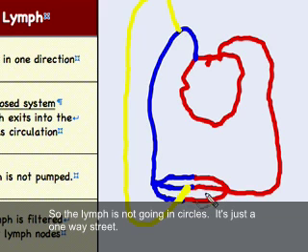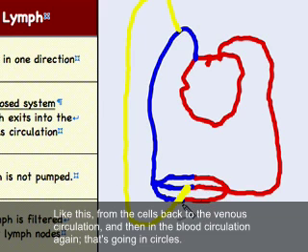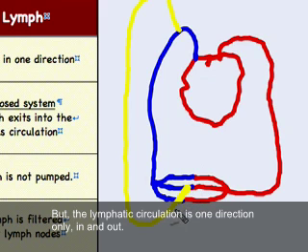So the lymph is not going in circles. It's just a one-way street, like this, from the cells back to the venous circulation. And then in the blood circulation, again, that's going in circles. But the lymphatic circulation is one direction only, in and out.